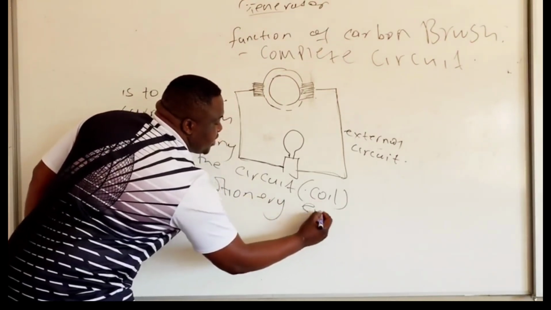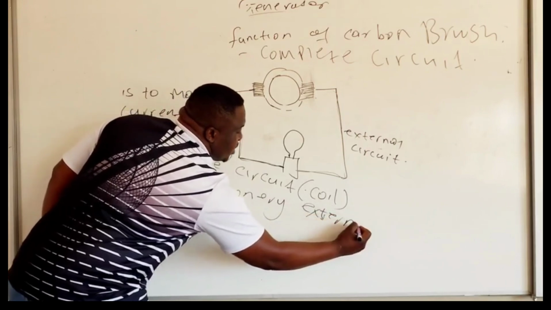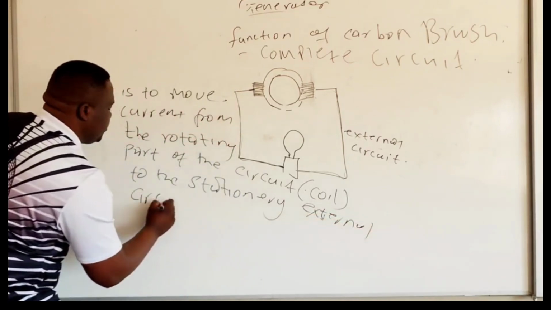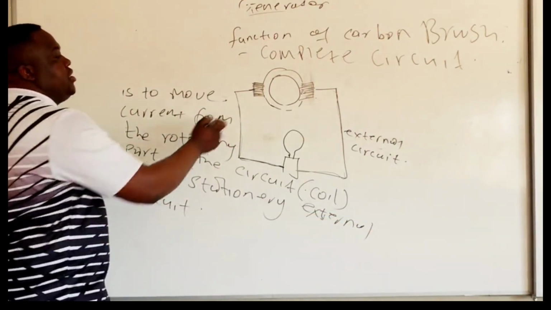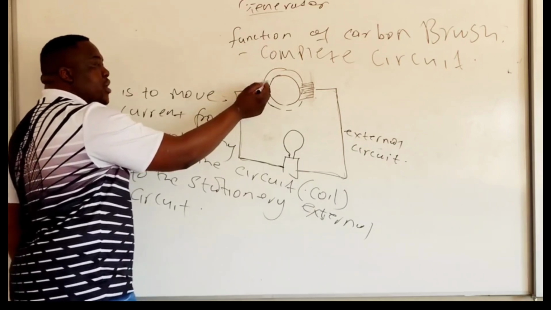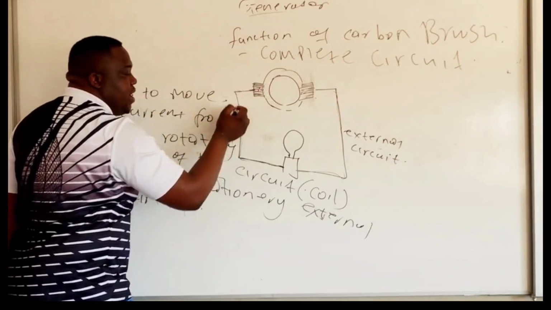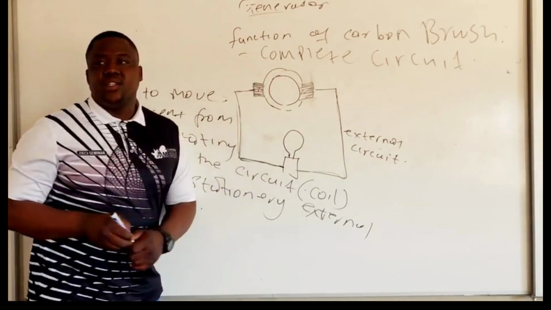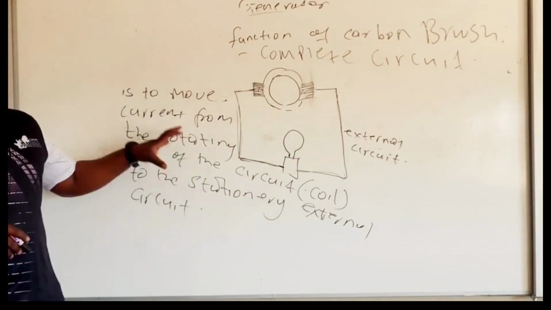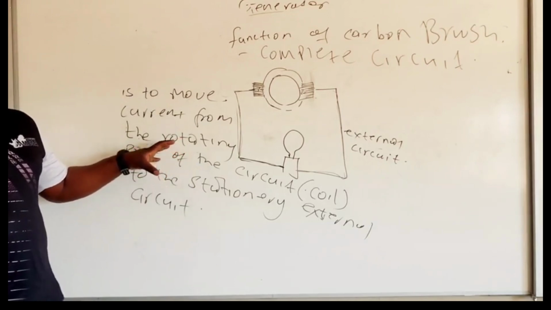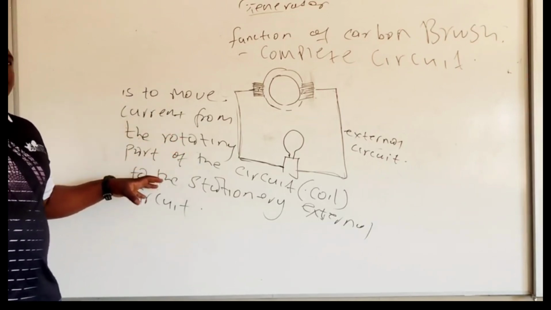You can call it the external circuit. So it means these carbon brushes are going to cause current to move from the rotating part to the external part of the circuit.